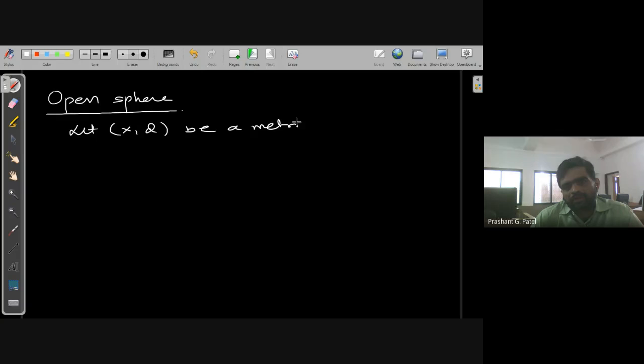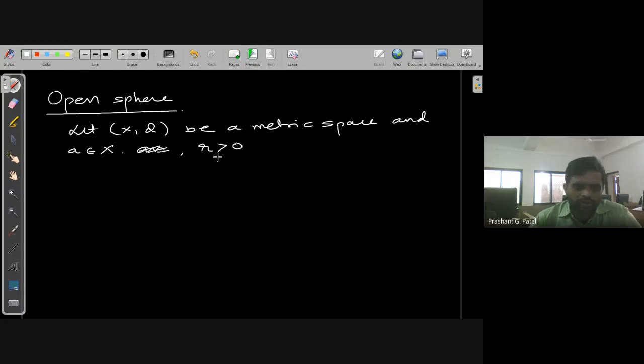If you want to define an open sphere, you first require a metric space on that set X. And you require one point a, which is in the set X, which is always possible because X is a non-empty set, so there is always a point in it. I also require that r is greater than 0, that is, a positive real number that I need.